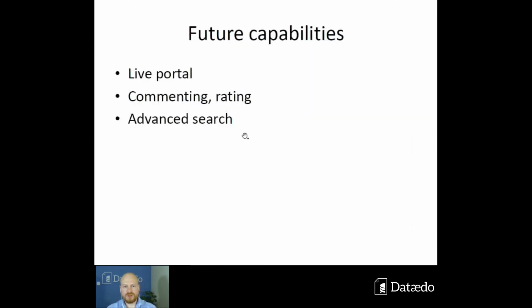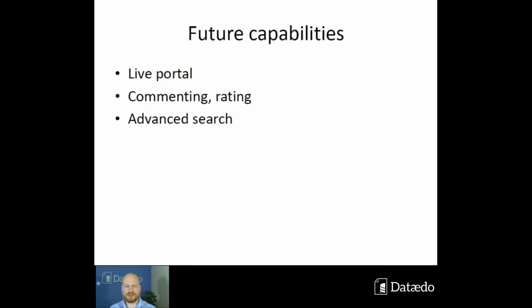Okay, a few words about the future capabilities. What you just saw is a desktop application with an export. You saw me each time clicking export. You can automate that, but in a couple of months we'll have a live portal where you will be able to see everything online.